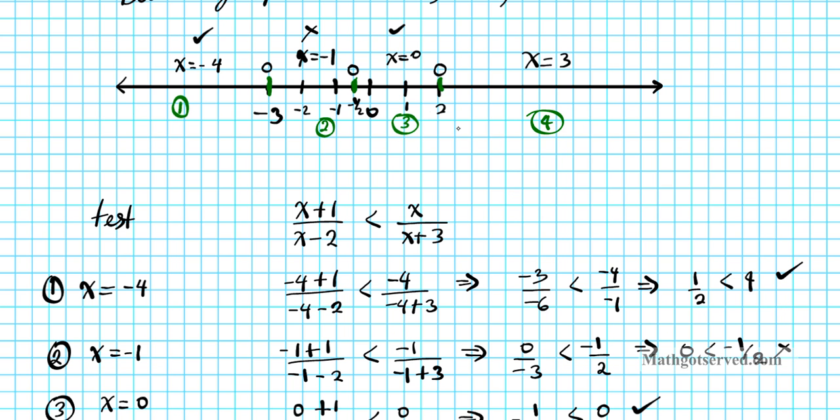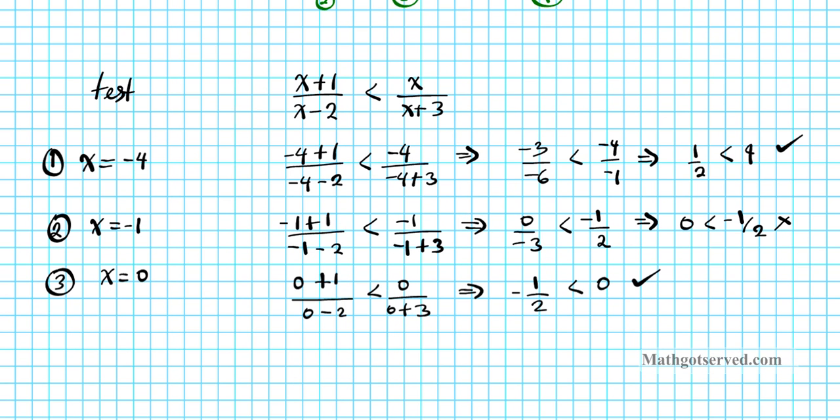All right, last interval we're going to test is interval 4, from positive 2 to infinity. So for interval 4, we have x equals 3. The question is, is 3 plus 1 over 3 minus 2 less than 3 over 3 plus 3?